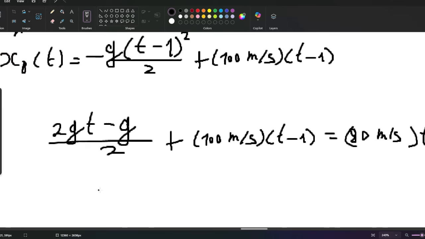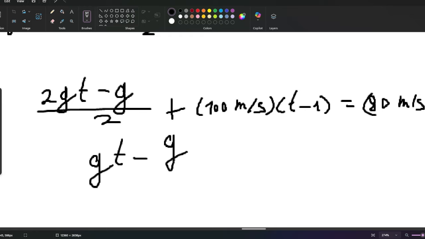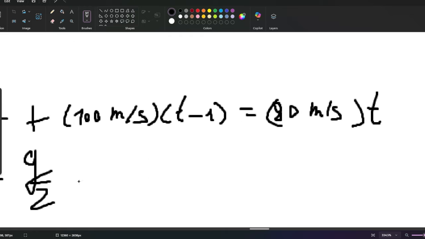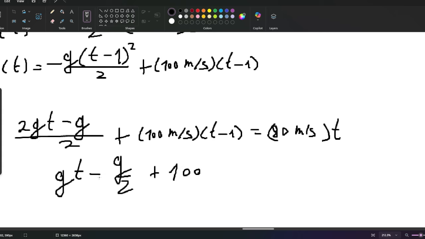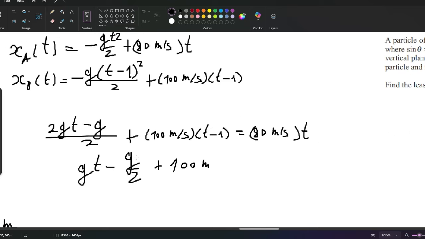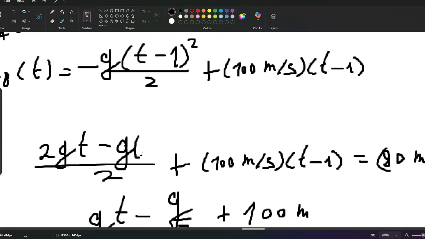Alright, now gT minus g over 2. Alright, now plus 100 meters. Okay, yeah, here we lost the unit.